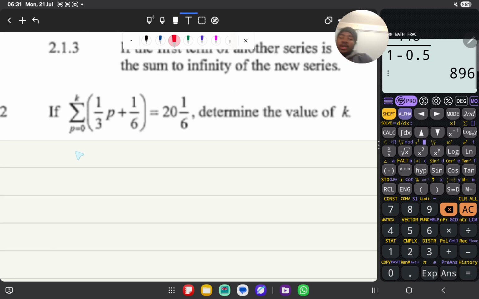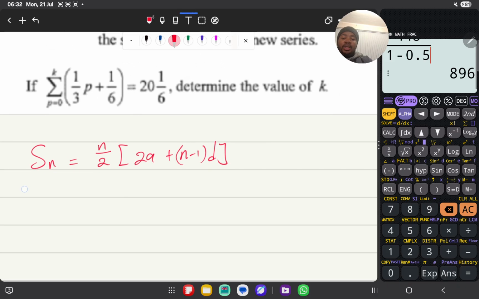Whenever we are calculating a sum to a particular number, we would say n over 2 times 2a plus n minus 1 d. This would be the formula we use now.